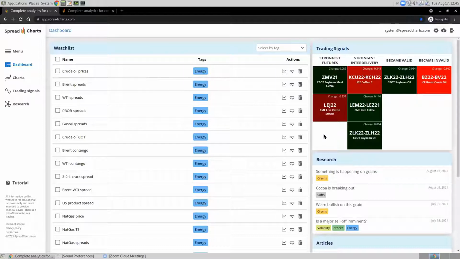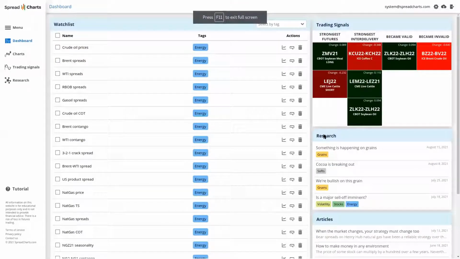And once again our focus is to combine multiple sources of data to give you the best overview of the market. So I think I will show you some charts. Maybe I will switch to full screen.